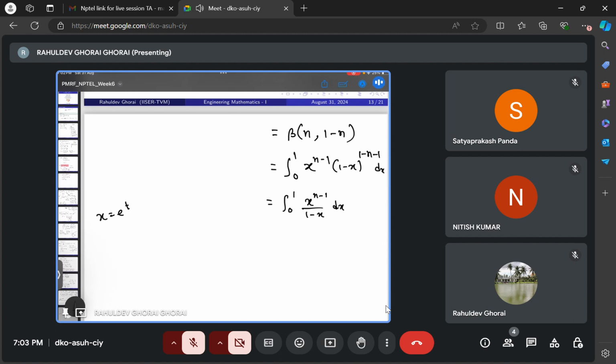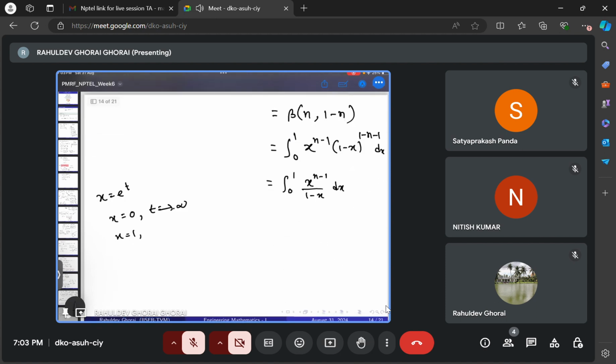When x equal to 1, t will be ln 1, which means 0. So it goes from minus infinity to 0, with e to the power nt.